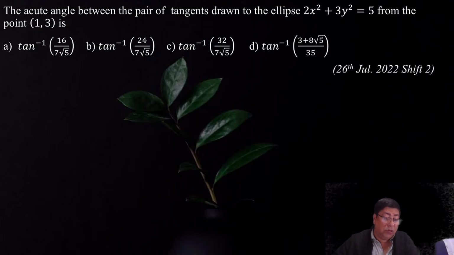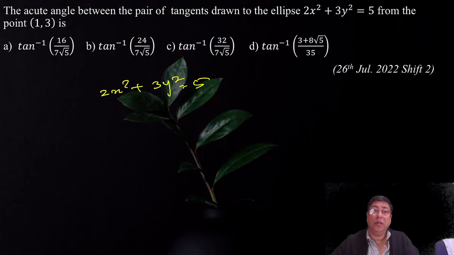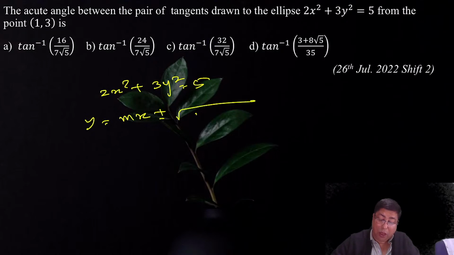So the equation of the tangent to the ellipse 2x square plus 3y square equal to 5 is y equal to mx plus minus root over a square m square plus b square. So in this case, y equal to mx plus minus root over 5 by 2 m square plus 5 by 3.